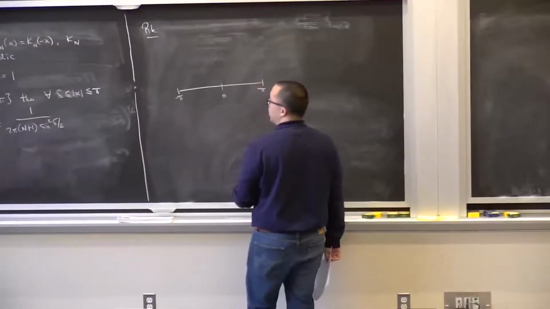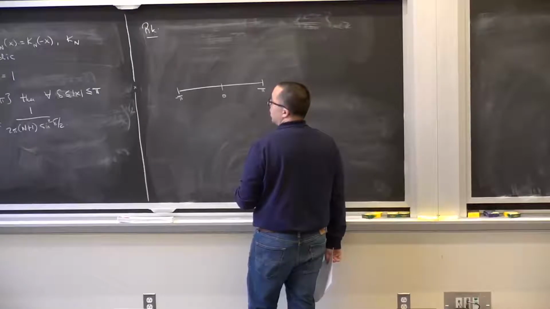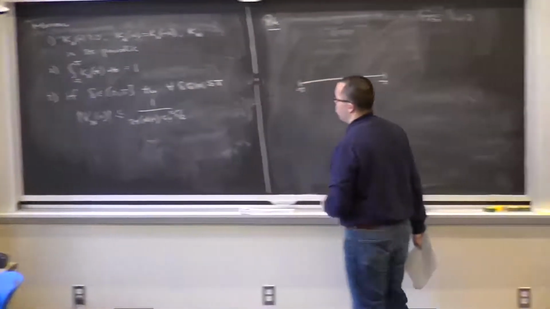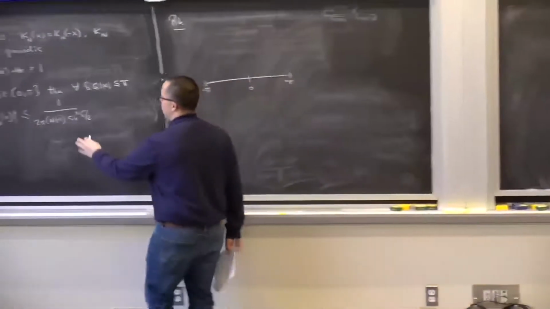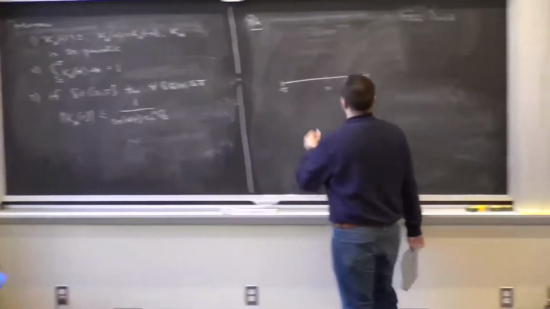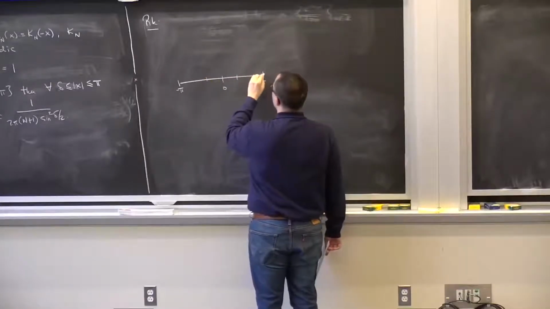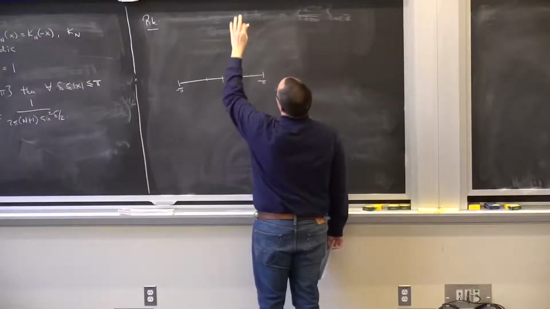So Kn is non-negative, it's even, and away from a small neighborhood, it's quite small if capital N is very big.